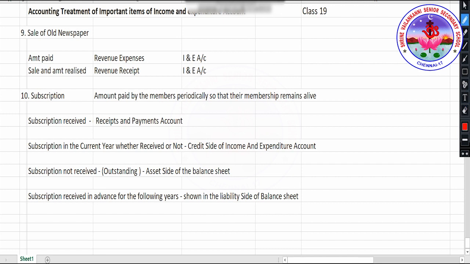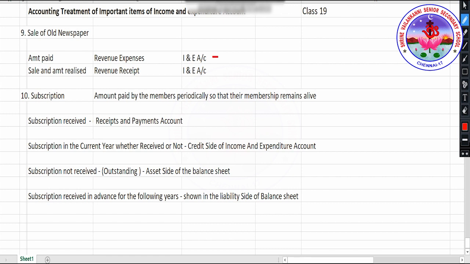If an amount is received for newspapers, it is a revenue receipt. The amount paid for newspapers is debited to the income and expenditure account.